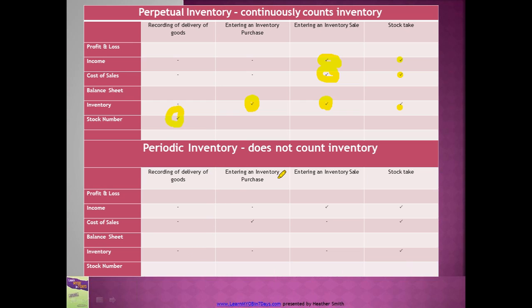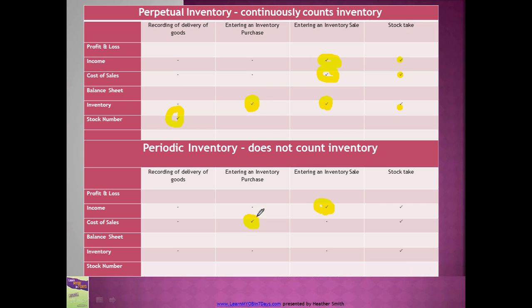When you enter an inventory purchase, it is recognized at that point at cost of sales. When you recognize an inventory sale, at that point income is recognized. So you'll see, if I can highlight here, this is the particular difference.